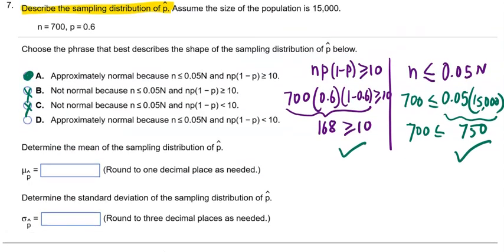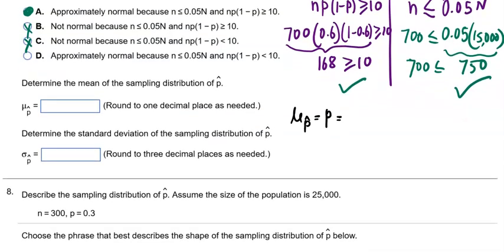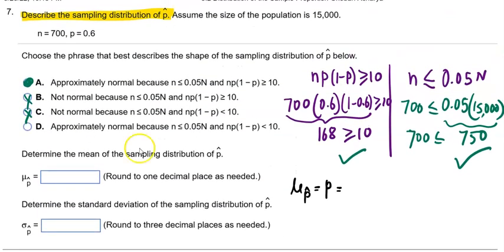Now, since the sampling distribution of the sample proportion is approximately normal, you have to find the mean and the standard deviation of the sampling distribution. So mu p hat, the mean of the sampling distribution of the sample proportion, is the same as p. And what's the value of p? We have it from before: it's 0.6. Now, sigma p hat has a formula: the square root of p(1 minus p) divided by n.